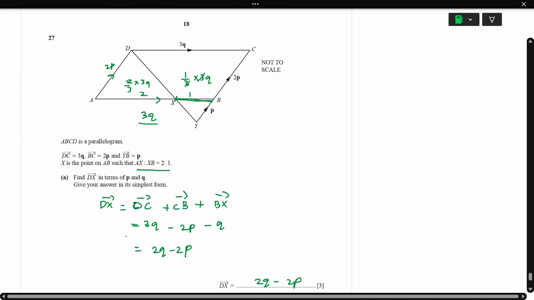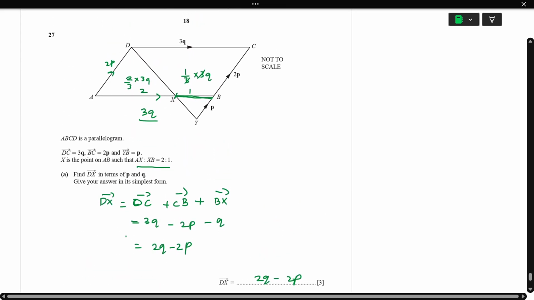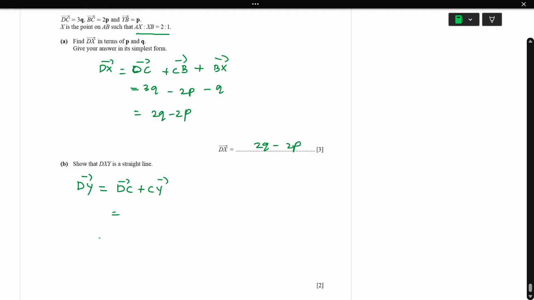DC equals 3q, minus 3p, which we can write as 3 into q minus p.